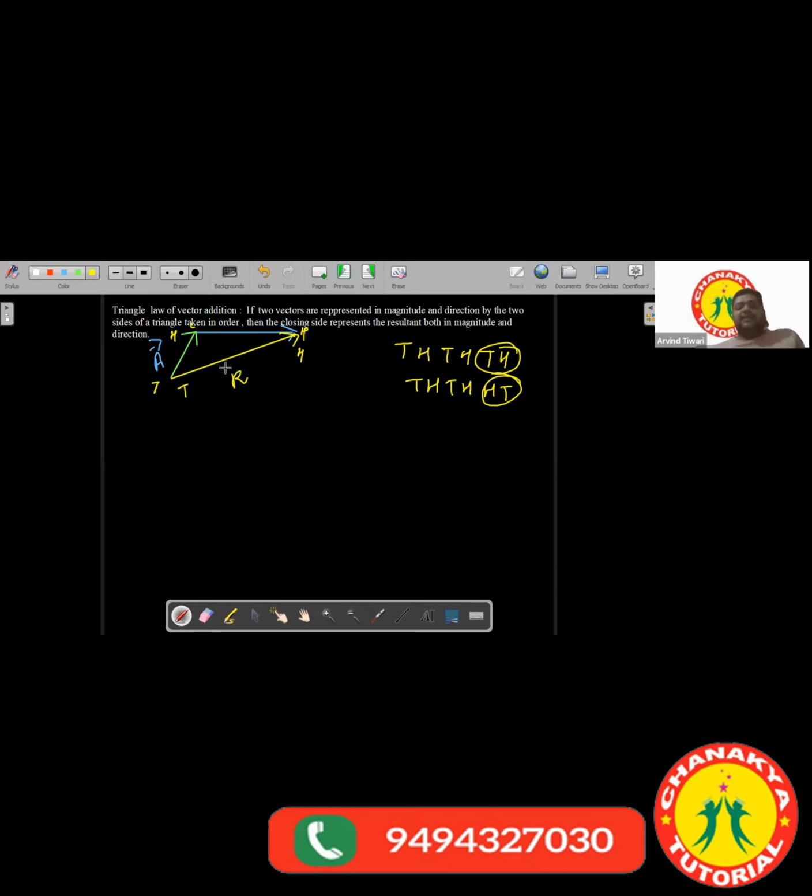It will be the resultant displacement, the resultant velocity, or the resultant force. And if I find its direction, meaning the angle theta that it forms with the other vector, then I can say that the resultant vector is making an angle theta with the A vector.